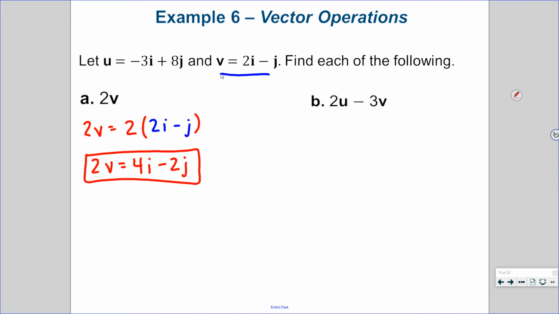Okay, let's try a little harder one. If I have 2 times my vector u minus 3 times my vector v, I would start by doubling my vector u, and again, I'm just going to keep it in that linear combination form.